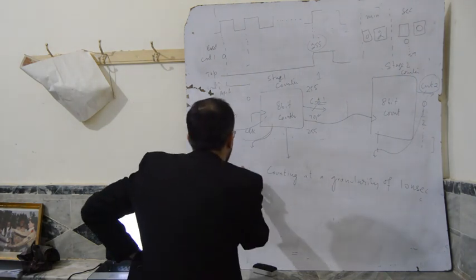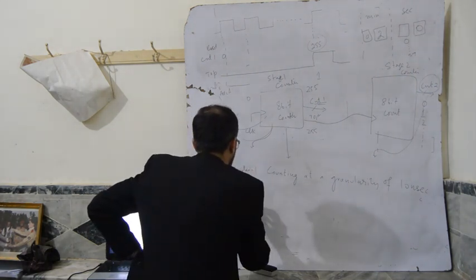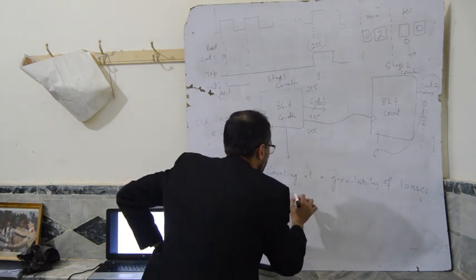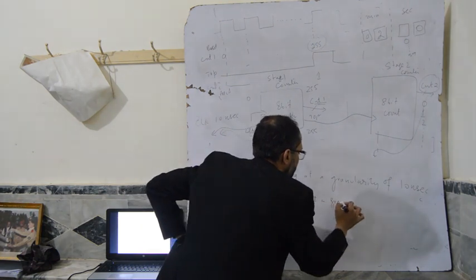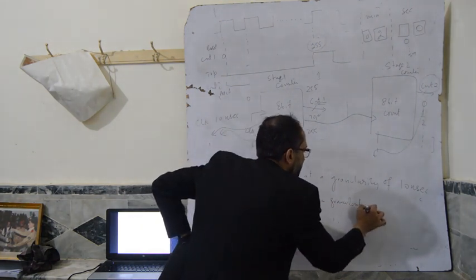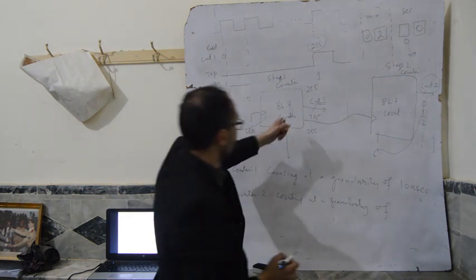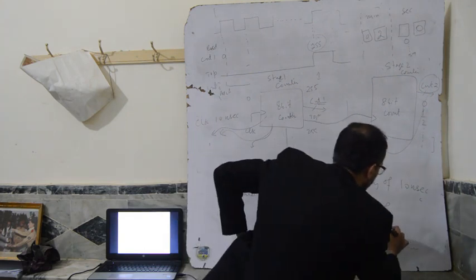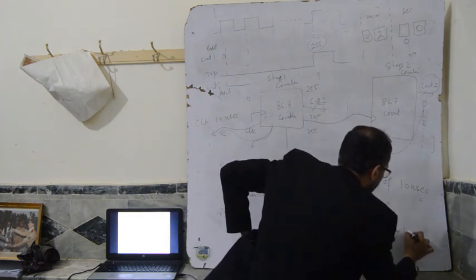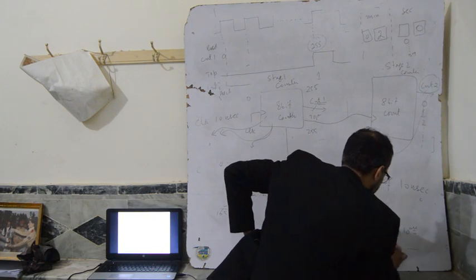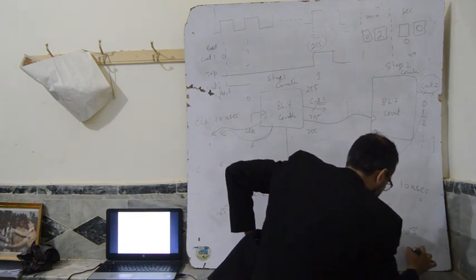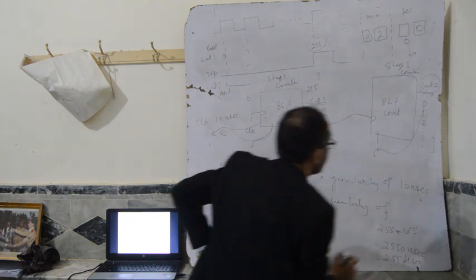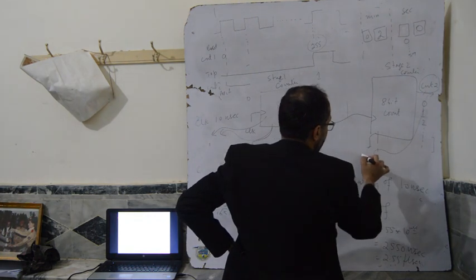And counter 2 is counting at a granularity of when this counter will reach its maximum value. This counter will reach its maximum value when the count is 255 multiplied by 10, which is equal to 2550 nanosecond, and this is equal to 2.55 microsecond.